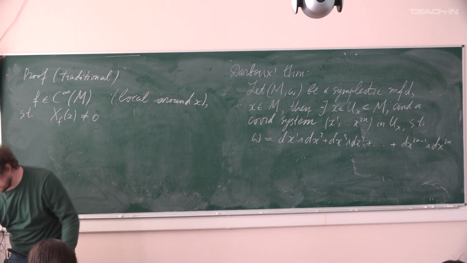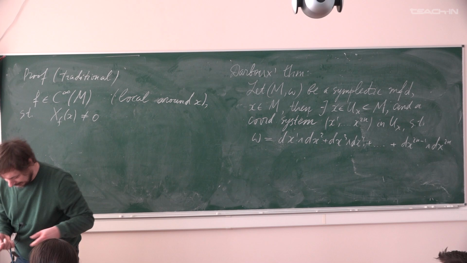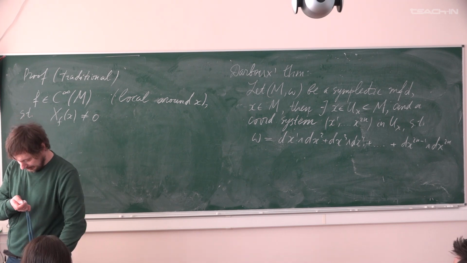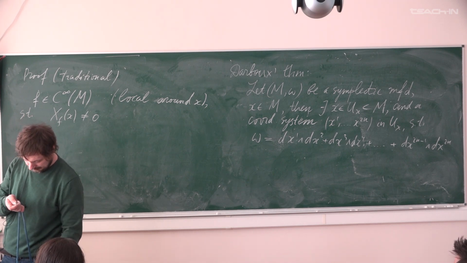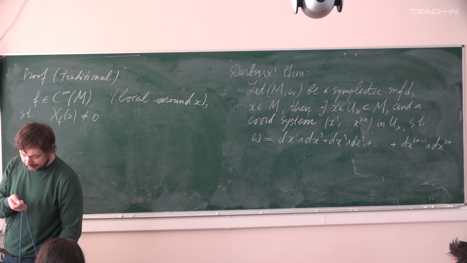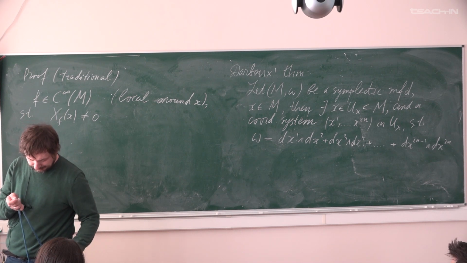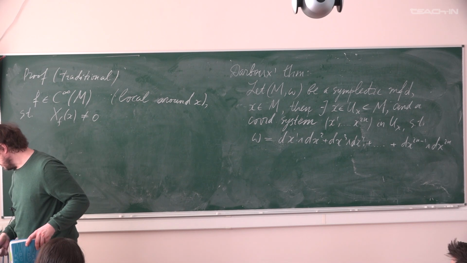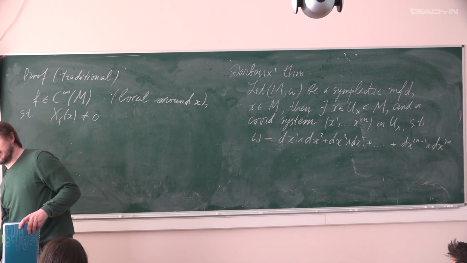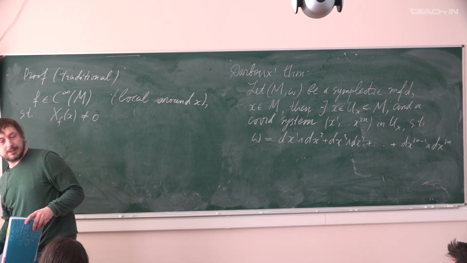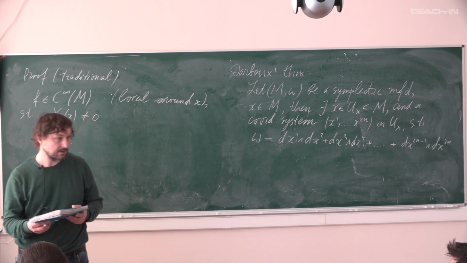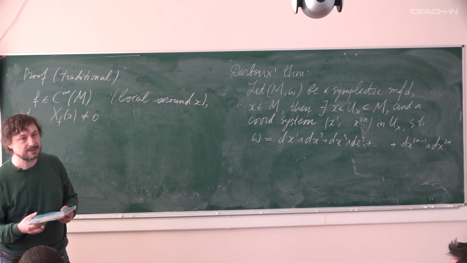Okay, so I just pick it up just to make sure. Local around x. When I say local, I mean that I don't care about the behavior of this function, even about the existence of this function outside of some small neighborhood of x. It is smooth.